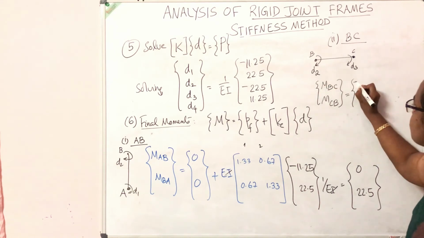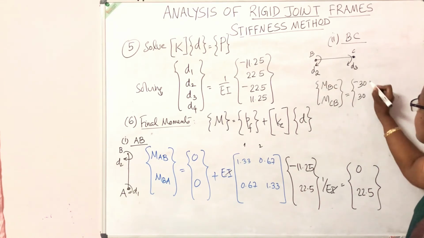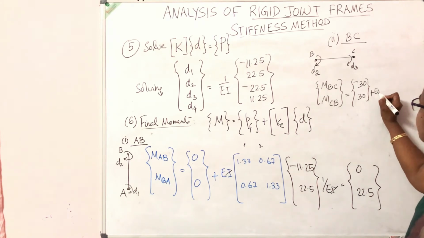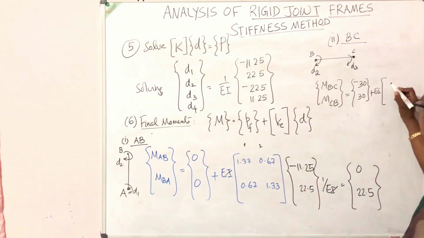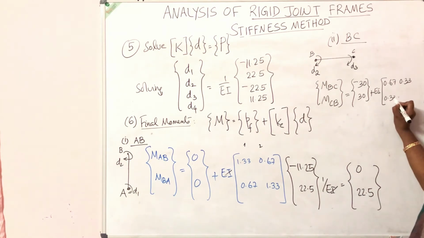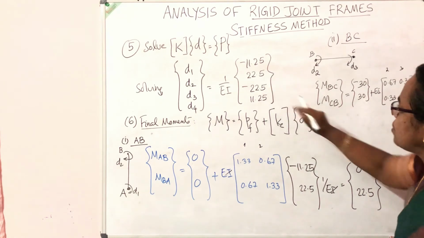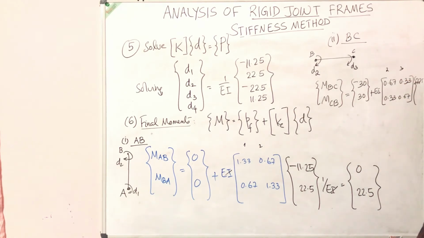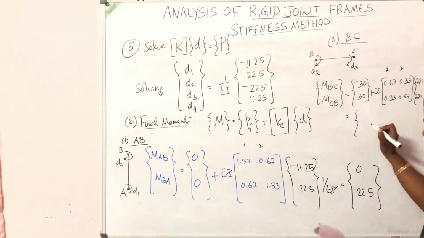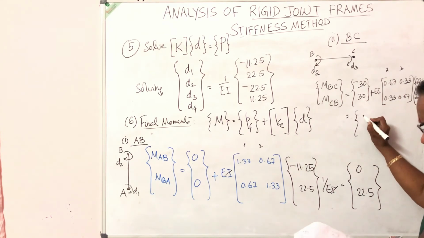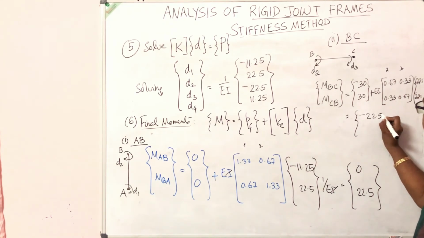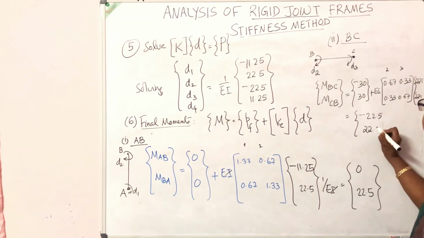For this element the fixed end moment was minus 30 and plus 30, plus the stiffness matrix of that element, EI into 0.67, 0.33, 0.33, 0.67, multiplied with D2, D3. D2 is 22.5 and D3 is minus 22.5, and multiplying we get minus 22.5 and plus 22.5.